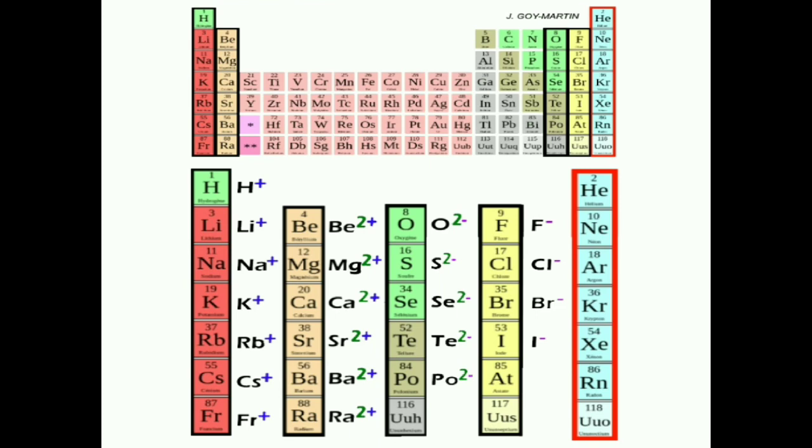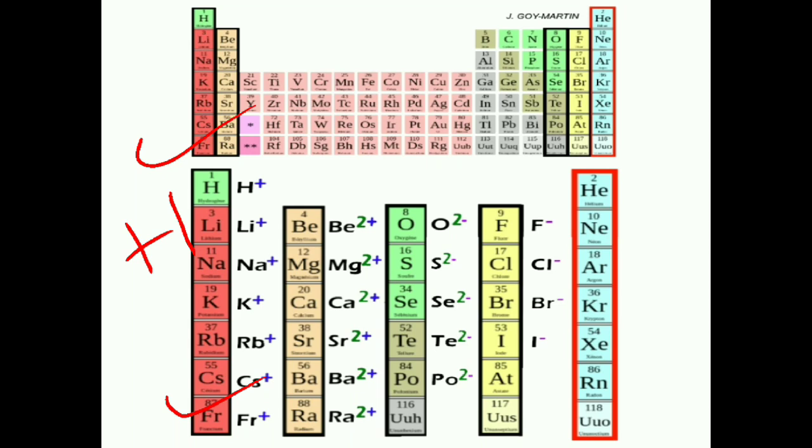Viewers, finally, let us see the different types of ions formed by the different groups in the periodic table. If we take the first group of the periodic table, that is the alkali metals, which comprises hydrogen, lithium, sodium, potassium, rubidium, cesium, francium, these all elements have a tendency to lose one electron, so they form plus one ions.